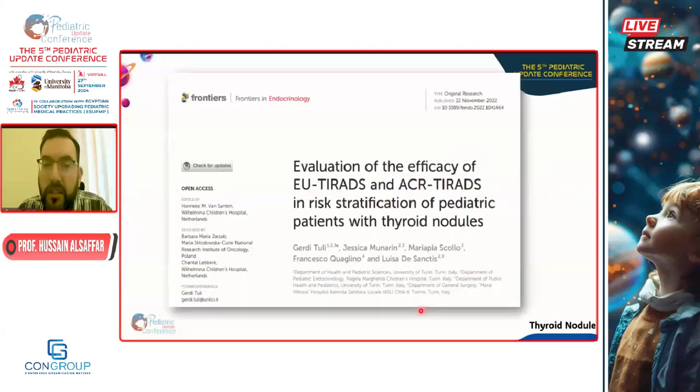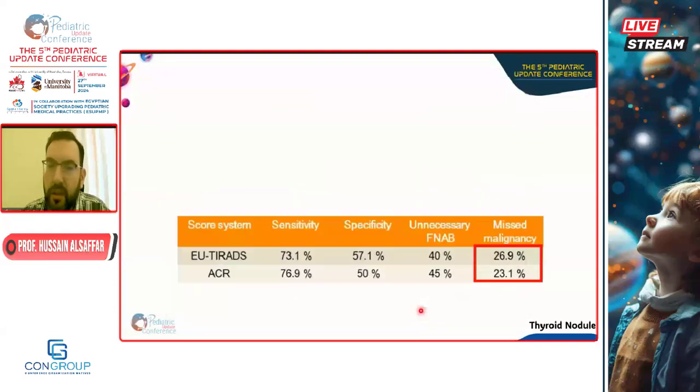So Gerdy Tully from Italy, with his group, tried to evaluate the efficacy of EU TIRADS and the ACR TIRADS in risk stratification of pediatric patients with thyroid nodules. What they concluded is, according to their cohort of patients, if you look at the EU TIRADS or the ACR TIRADS, the sensitivity is about similar.